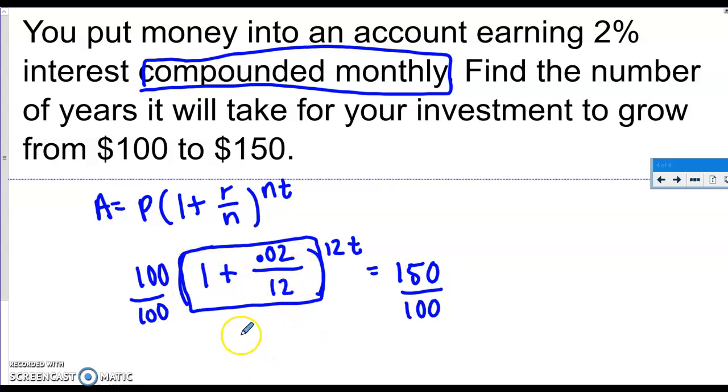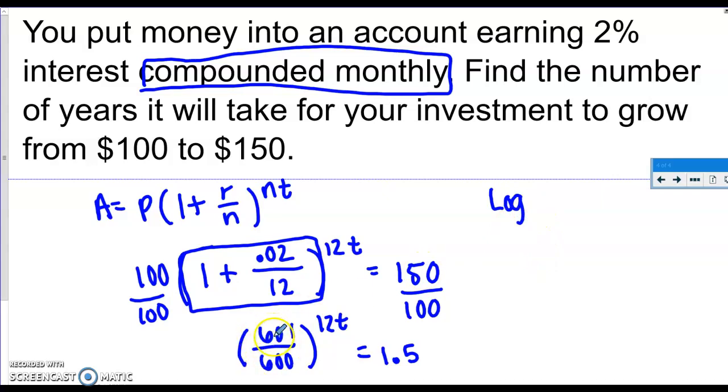So when I simplify that and change it back to a fraction, it's pretty gross, but the calculator is going to do the rest of the work anyway. But that's the fraction that I got. And that side is 1.5. All right, so I am going to need a log. I'm solving for the exponent.